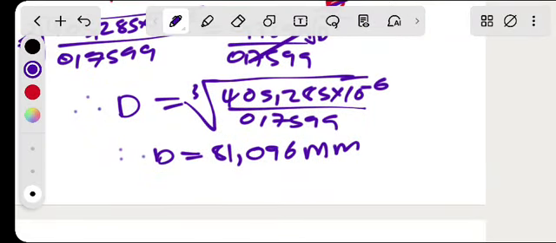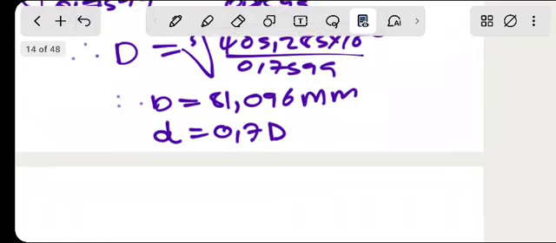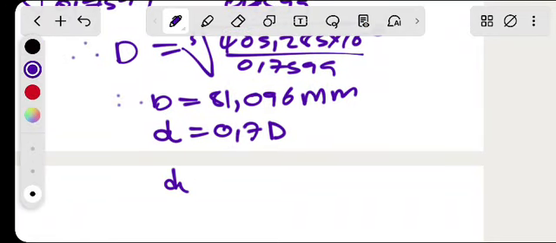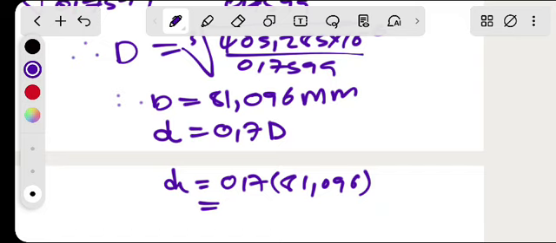Then small d, how do you get the small d? Remember, it is 0.7 from our ratio multiplied by that D. We have D now, so this will simply equal what now? D will simply equal 0.781.096. Then this will be equal to what?